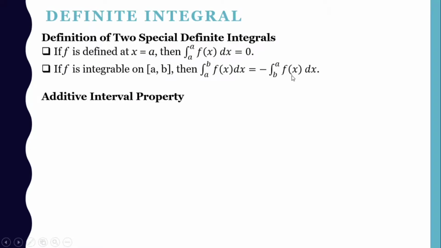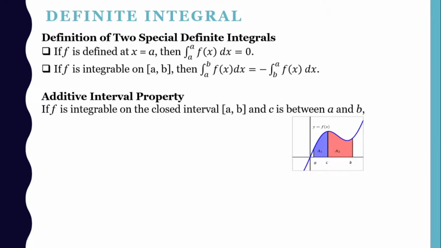The next one is called the additive interval property. According to the additive interval property, for example, if we have this curve on the interval a to b, and we have c, which is in the interval a to b, and the function is integrable on the given interval, then the integral of the function from a to b is simply the sum of the integral of the function from a to c plus the integral of the function from c to b.